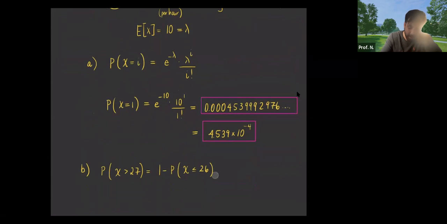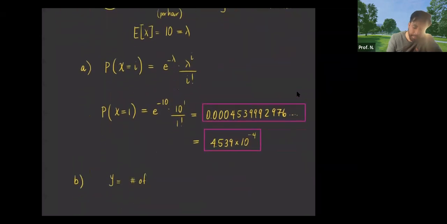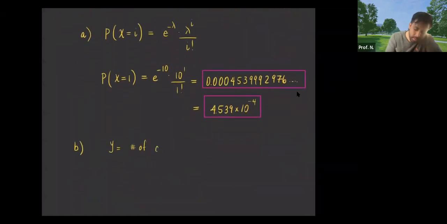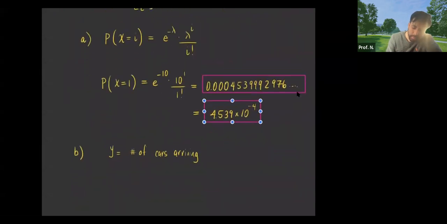In the sense you're making a new random variable. In the sense you're saying Y is the number of cars arriving at a Shell station in 4 hours.